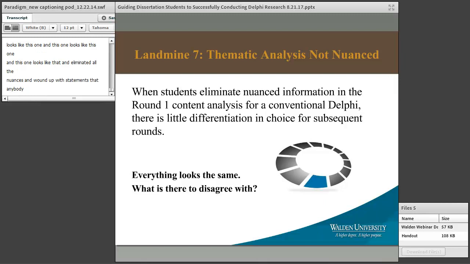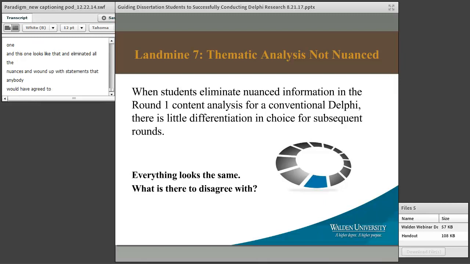So she was getting 100% consensus, and she eliminated all the differentiation and the nuance. When everything looks the same, what's there to disagree with? So that round one analysis is very important to ensure you're coming up with a sufficient number of differentiated alternatives.